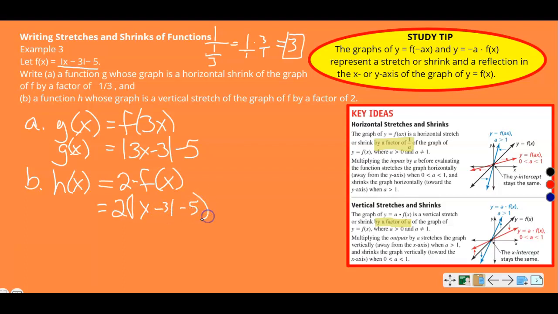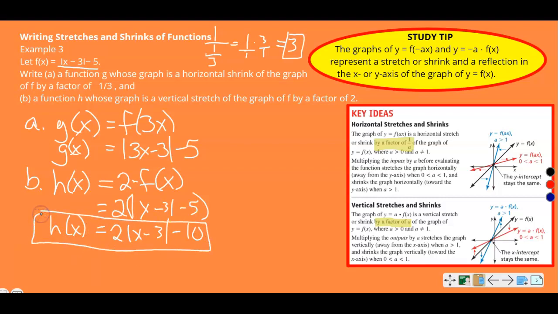And again, we're multiplying 2 times this whole function. So that's why we put it in parentheses. So we can rewrite that as 2 times absolute value of x minus 3, and then 2 times negative 5 is negative 10. So that is our h of x.